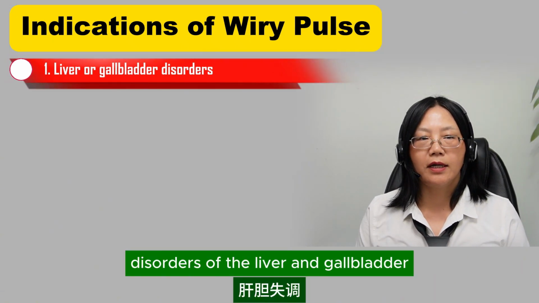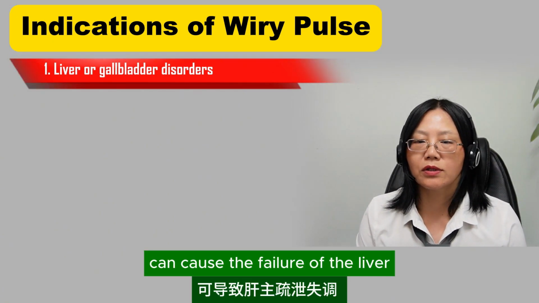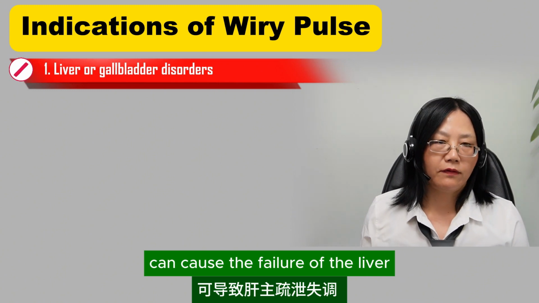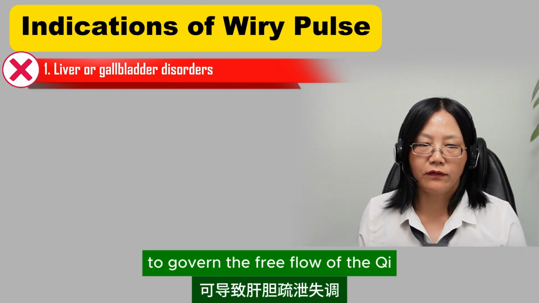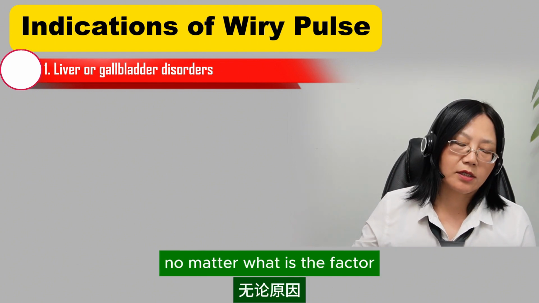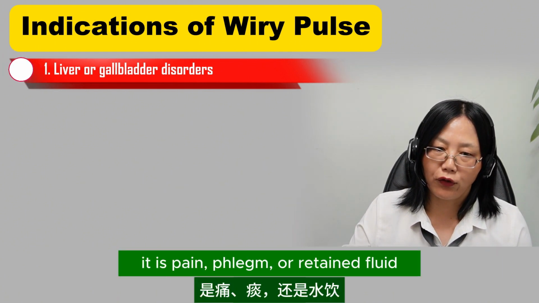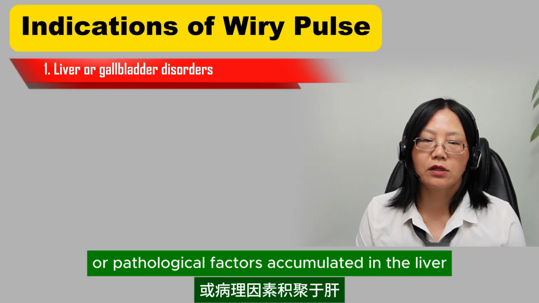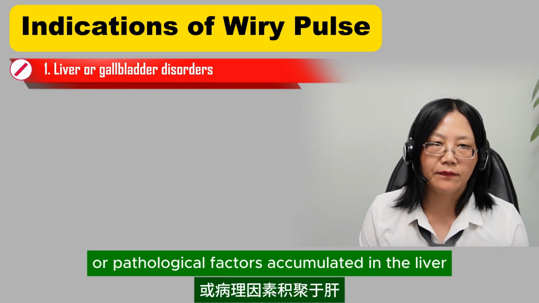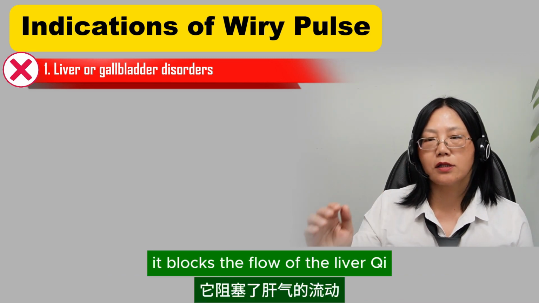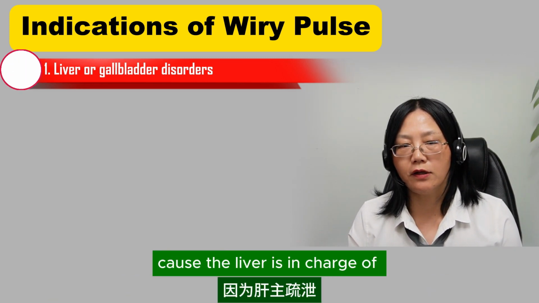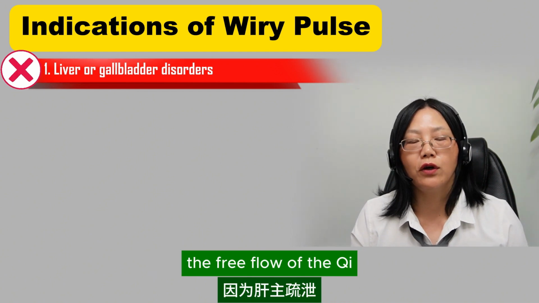Disorders of the liver and the gallbladder can cause the failure of the liver to govern the free flow of the qi. No matter what the factor is, whether pain or phlegm or retained fluid or pathological factors accumulated in the liver, as long as it blocks the flow of the liver qi, because the liver is in charge of the free flow of the qi.